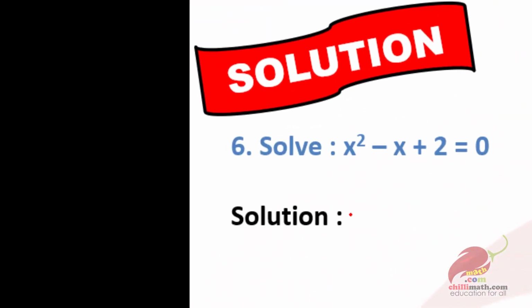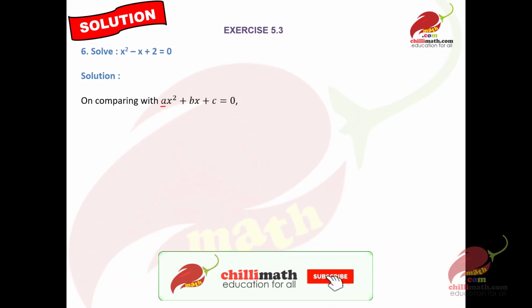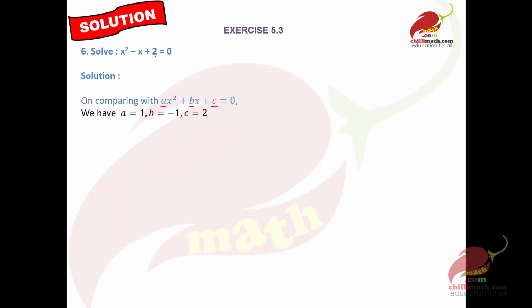Sixth question is solve x square minus x plus 2 equal to 0. Comparing with standard quadratic equation, a is equal to 1, b is equal to minus 1 and c is equal to 2. Using formula to find roots, putting these values of a, b, c in this, we get x equal to minus b, which is minus of minus 1, plus minus square root b square minus 4ac over 2a.